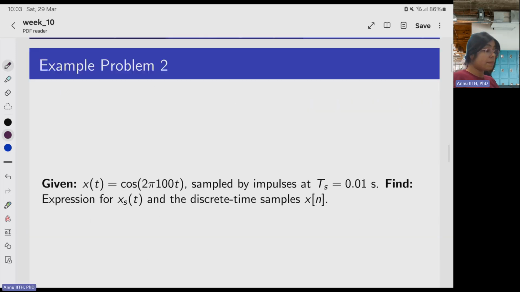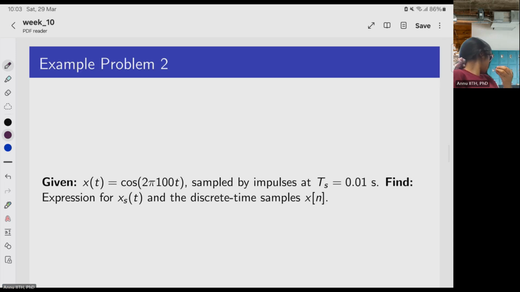So the sampled signal is nothing but multiplication with the impulse train.